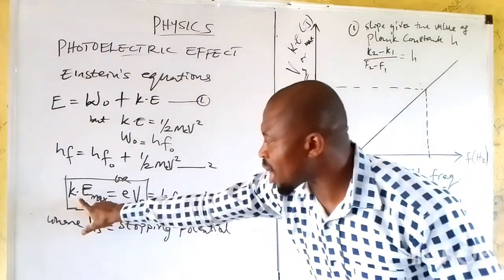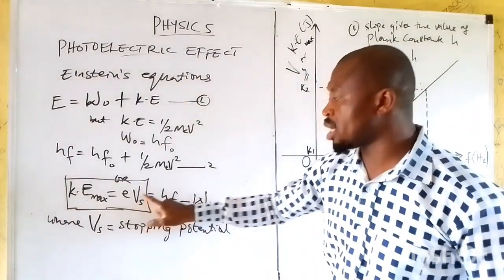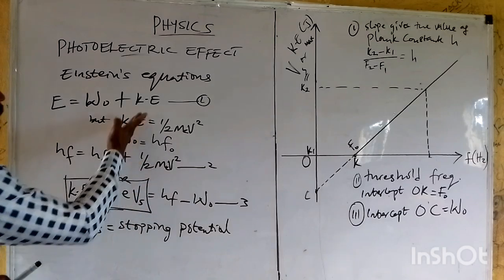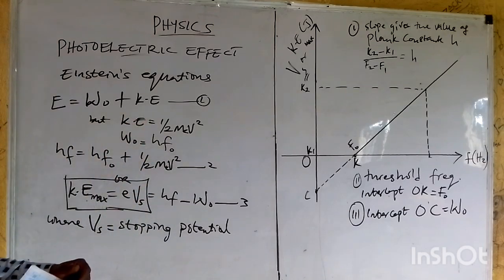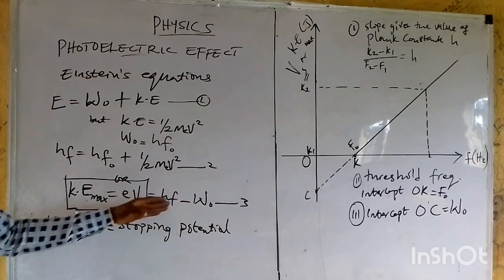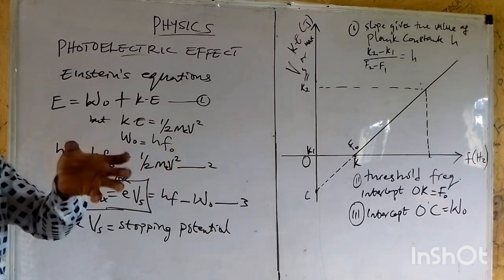So kinetic energy is equal to this, and this is equal to this. Any of these equations can work. We have equations 1 to 3 and more, and we can bend them to suit any problem given to us.